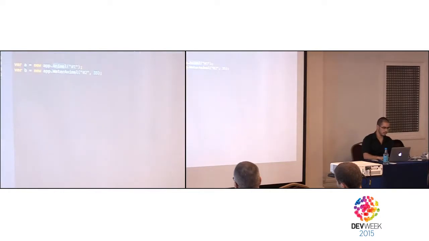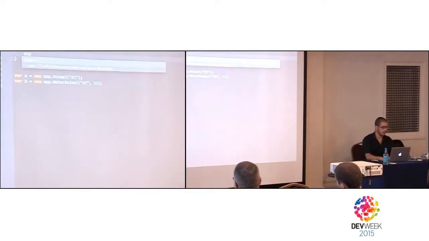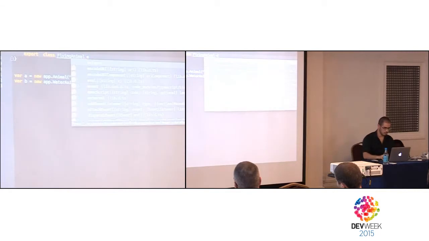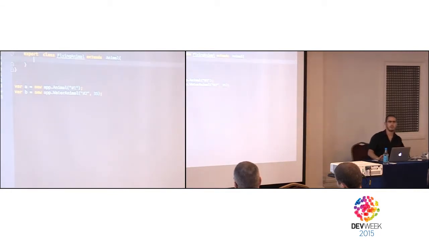And I'm going to quickly create the flying animal. This flying animal is not going to have too many special things. It also extends the animal itself. And I'm going to do just one little method called fly.